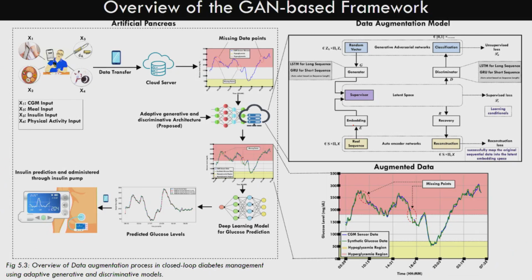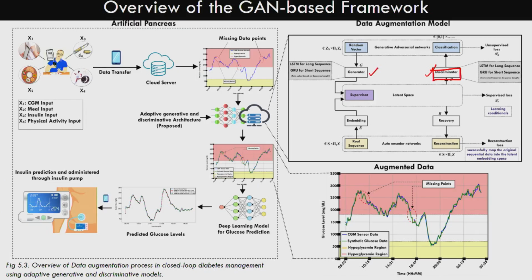So, here you can see this is our GAN network, and what we have done is that there is this discriminator or the adversary. So, we have the generator and then we have the adversary or the discriminator.